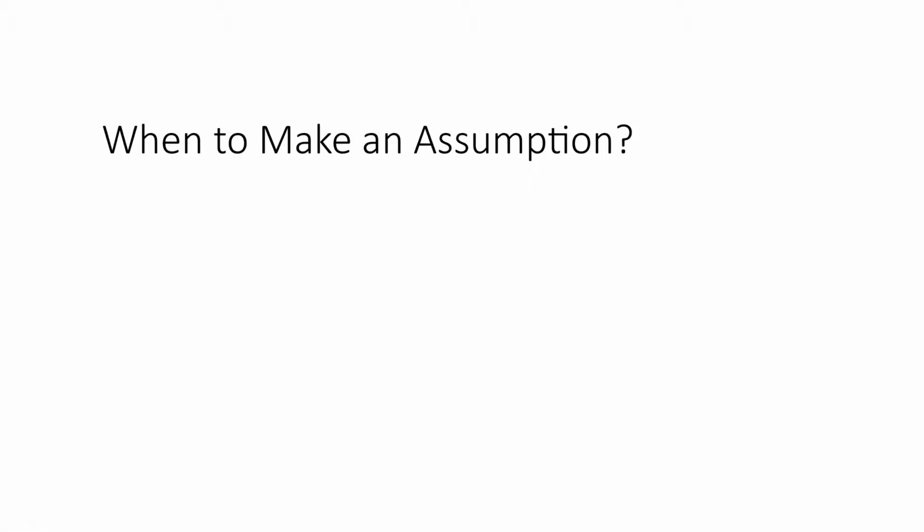So when do you make an assumption? In your generic approach to problem solving, you have to make an assumption when you get genuinely stuck. When I say genuinely stuck, it's not that you're not intending to solve the problem. It's not that you're not looking at the information given to you.